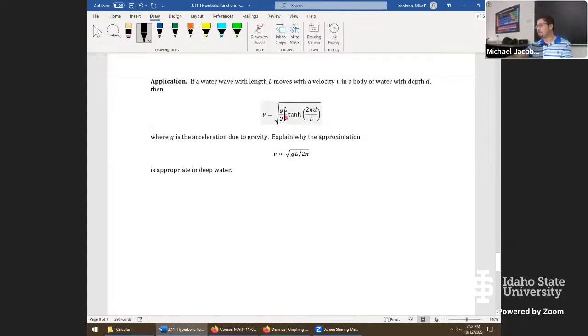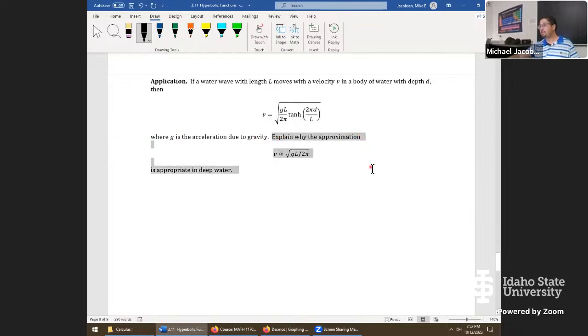The square root of g, that's the acceleration due to gravity, so lots of physics went into this. L, the length of the wave. 2 pi makes it come back on this one, and I'm not really sure why. I'm not familiar with the derivation. And here's our hyperbolic right there. Hyperbolic tangent of 2 pi times the depth of the water divided by the length of the wave, where g is acceleration due to gravity.